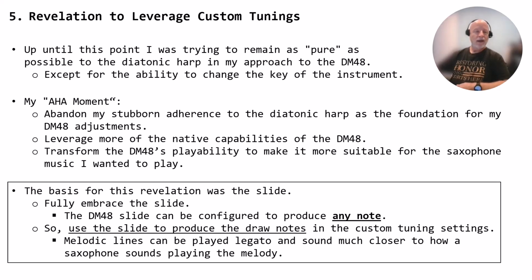So I decided to use the slide to produce the draw notes in the custom tunings. Instead of changing my breath direction from blow to draw, I would just press the slide, and it would be a much smoother transition, closer to what an actual saxophone might sound like in a melody.